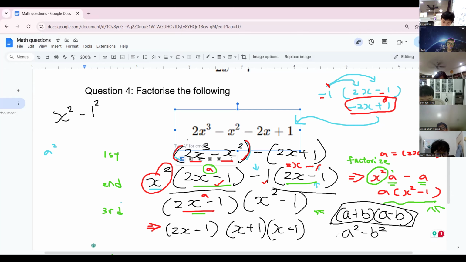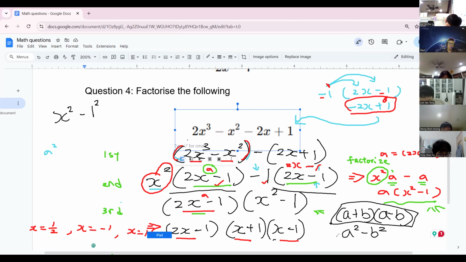Actually, what is the intention? We want to find these answers here: 2x minus 1, x plus 1, x minus 1. The main intention is we will get the value of x, which is x equal to 1 over 2, x equal to negative 1, x equal to 1.